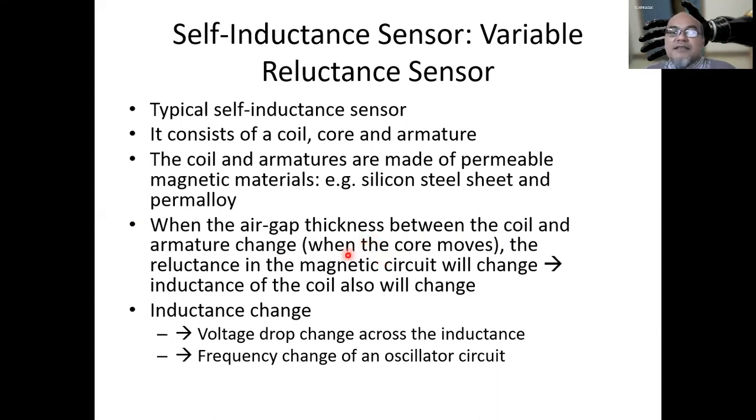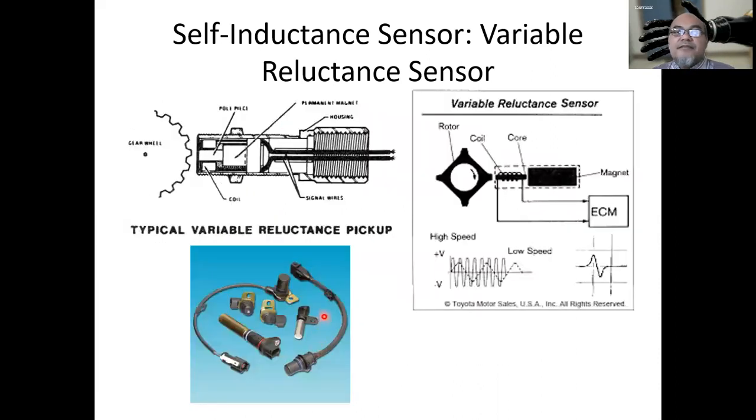This will cause a change in the reluctance in the magnetic circuit. As a result, the inductance of the coil winding the core will also change. And this inductance change can be further converted using a secondary transducer into a voltage drop change across the inductance, or as a frequency change using an oscillator circuit.